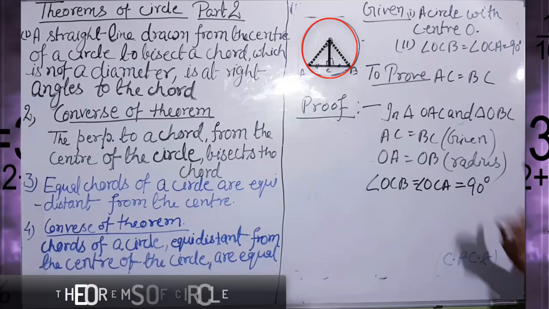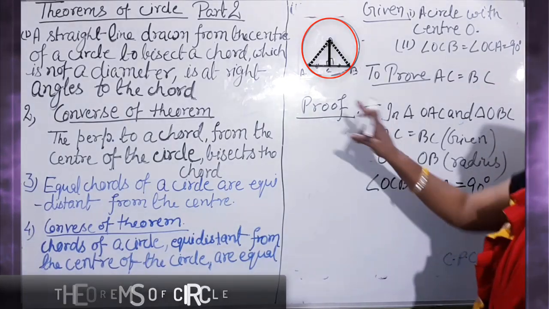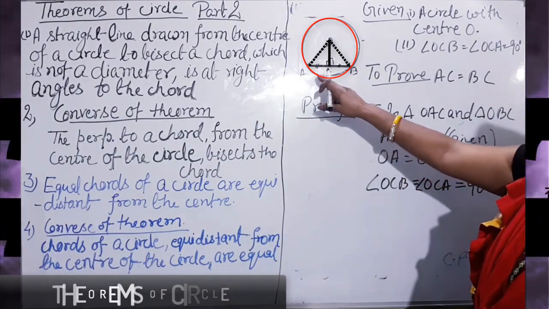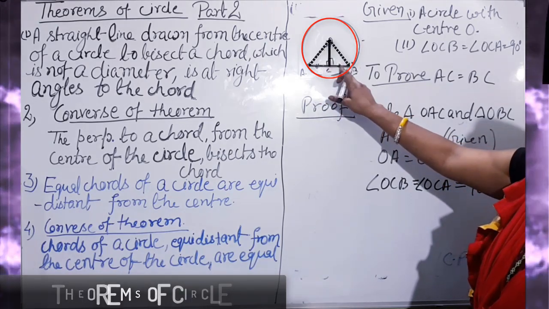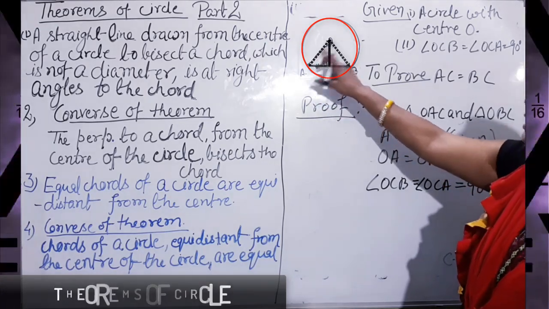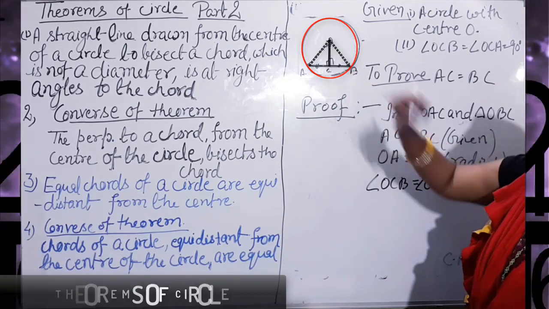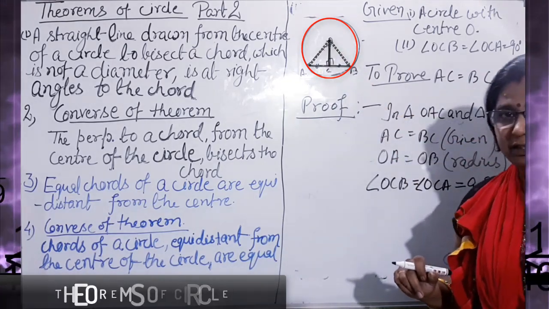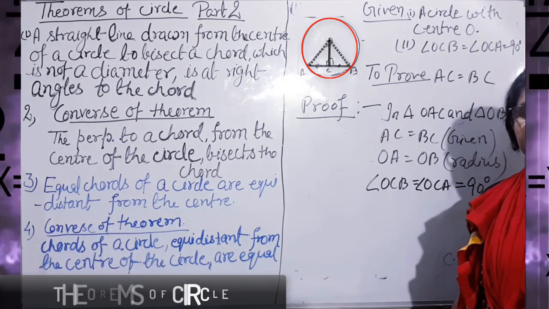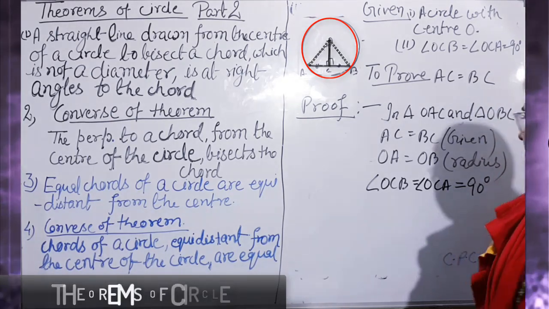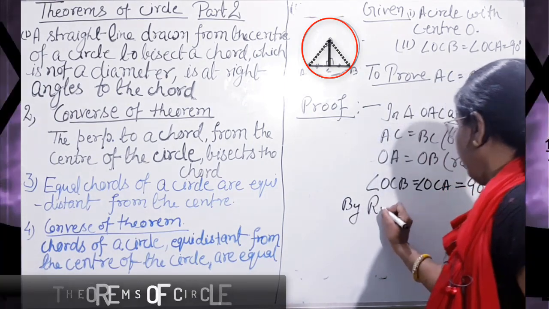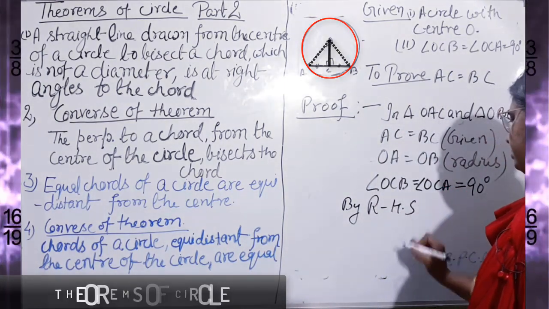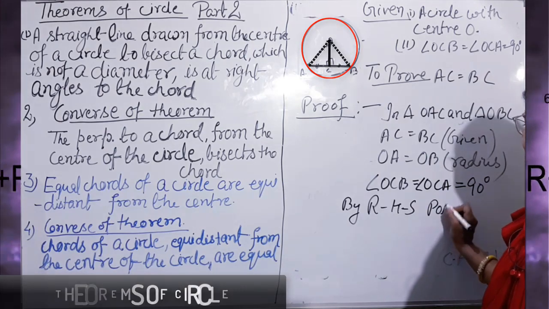So by which postulate? Recall, all of you: one side is given, one hypotenuse is given, and one angle is 90 degrees. That means it is by the RHS postulate.